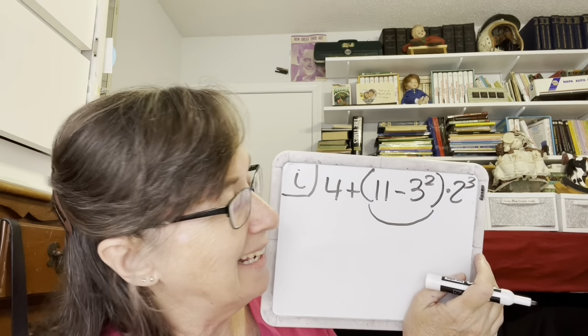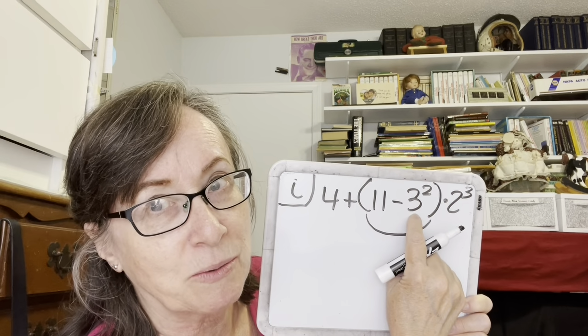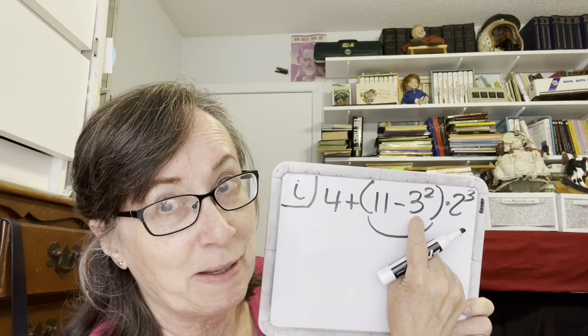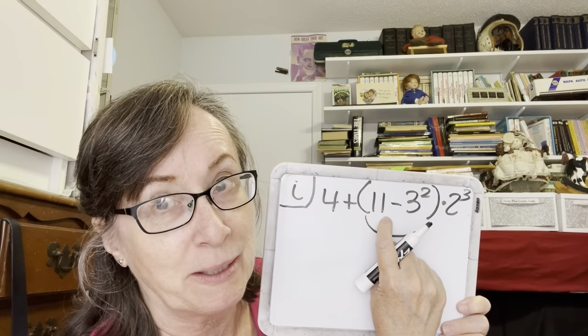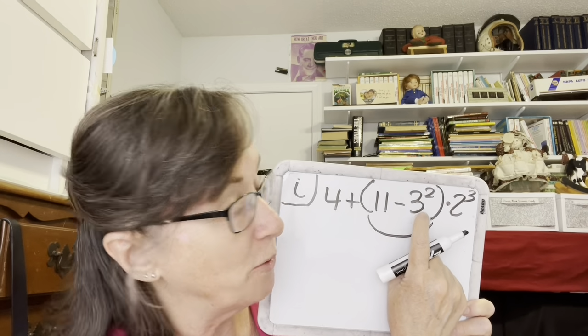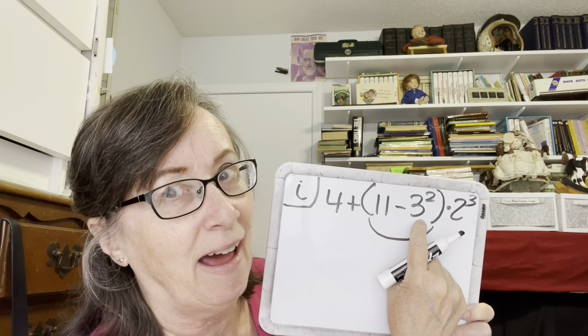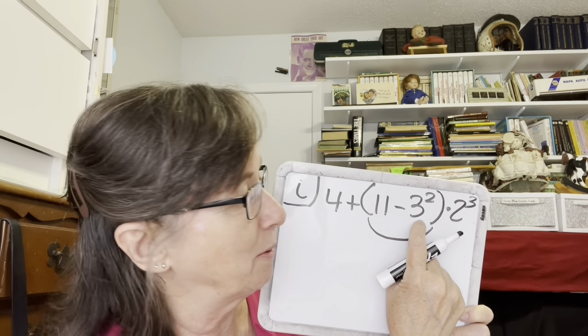But inside the parenthesis, we have a 3 squared, which needs to be evaluated before we do anything else inside that parenthesis. So we're going to do this exponent before anything else because it's inside the parenthesis.